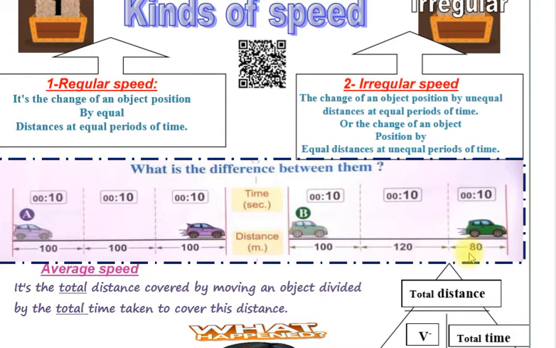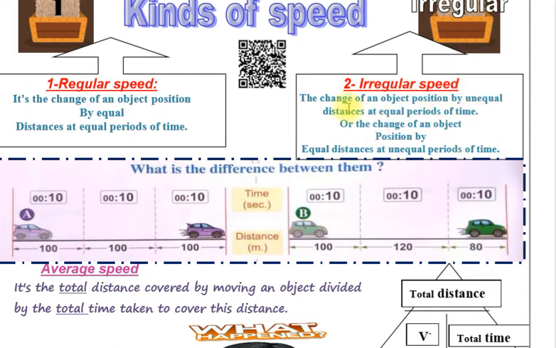Then it decreases its distance to 80 meters. So the distances are unequal. The car moves unequal distances at equal periods of time. So irregular speed can be defined as the change in the position of the object by unequal distances at equal periods of time.